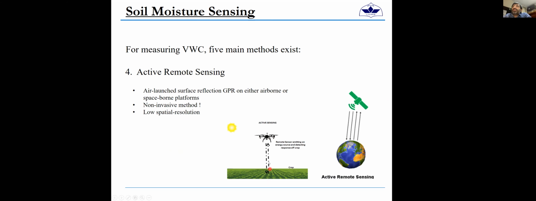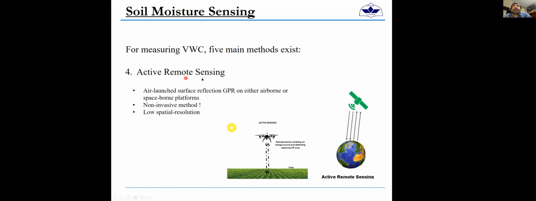That wave, again a radio signal, is reflected back, and based on the properties of the transmitted and reflected wave, you are able to sense the soil moisture of the surface from where the wave was reflected. This is a non-invasive method, but the problem is it has very low spatial resolution. For example, you can get the soil moisture of a 10 kilometer region, especially with satellites.